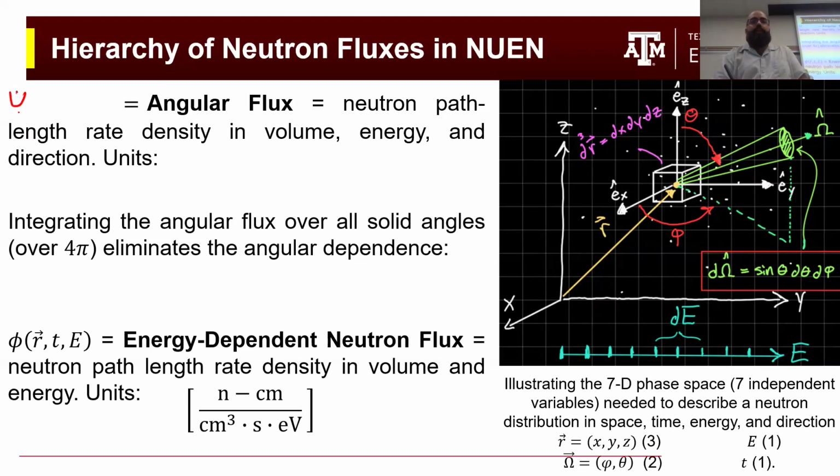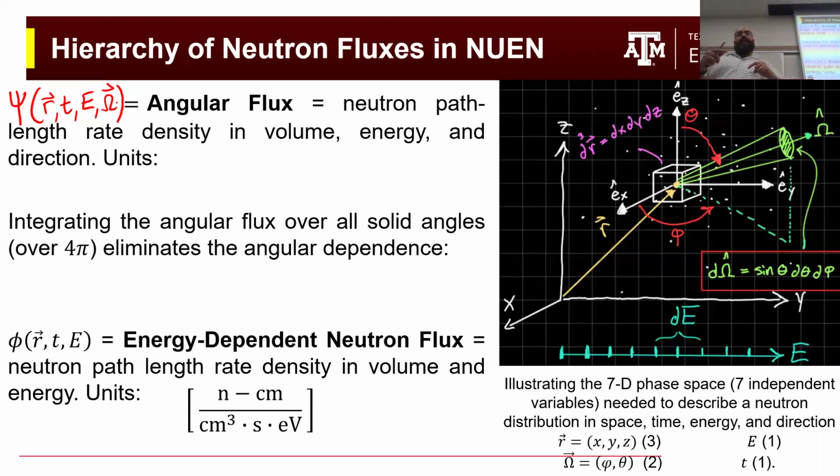We use the Greek letter psi for the angular flux, that little pitchfork looking thing. Psi depends on the position, it depends on time, it depends on the energy of the neutrons, and it depends on their direction. That omega vector is the direction vector of these neutrons.